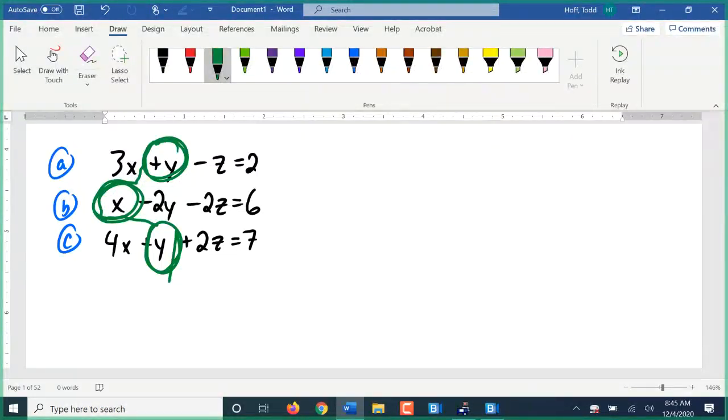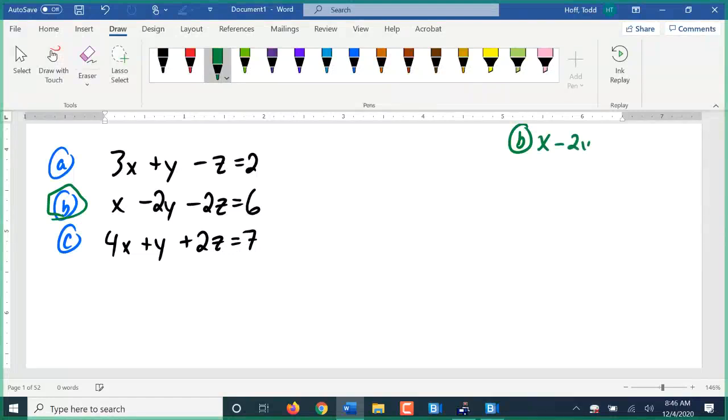I am going to go ahead and solve for x in equation B. So let's do that. I'll write it over here. Here's equation B. So we currently have x minus 2y minus 2z equals 6. To solve that for x, I'm going to add 2y.